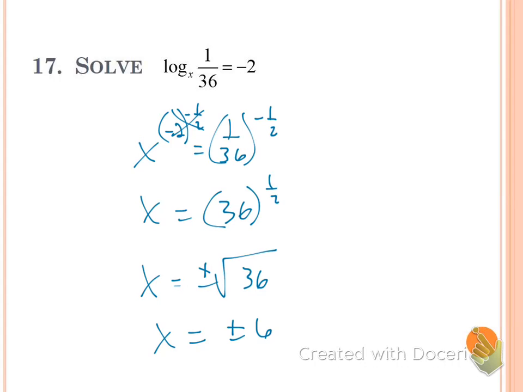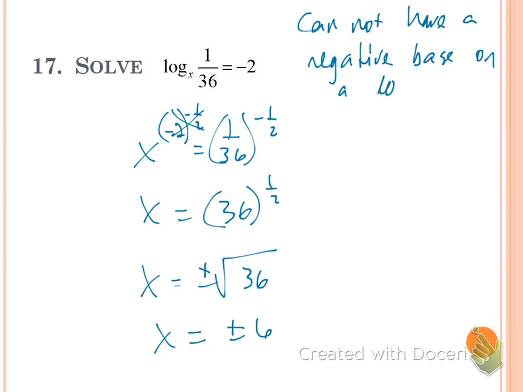Okay? But something to keep in mind, we cannot have a negative base on a logarithm.